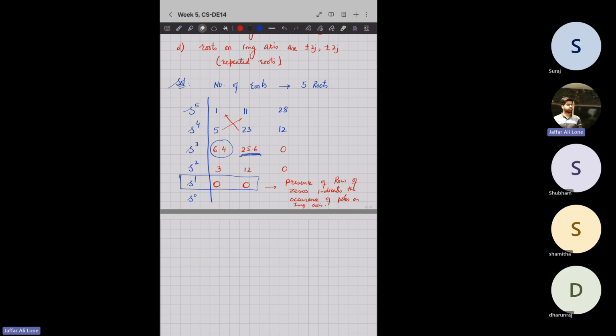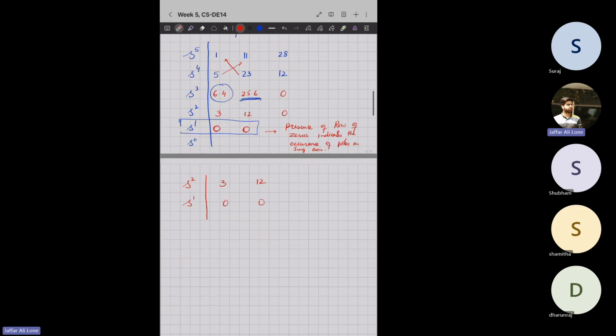See, this S1 row is 0 and 0. This S square row was 3 and 12, and this is S0. Now see how we deal with this row of zeros: we find the auxiliary equation.